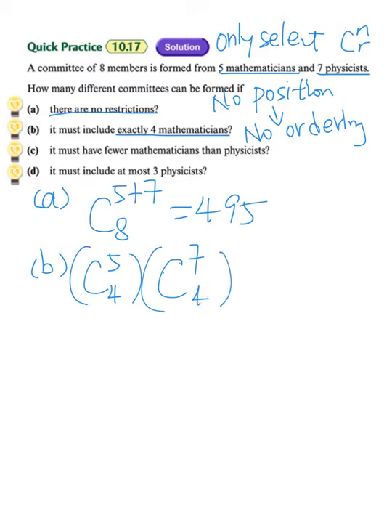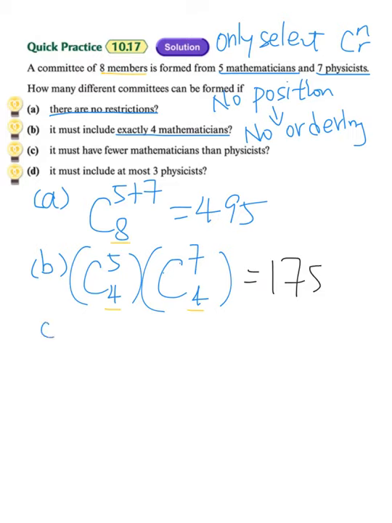Notice that this 4 and this 4 add together to equal 8, in order to form the 8 members for the committee. After the calculation, it will be equal to 175.